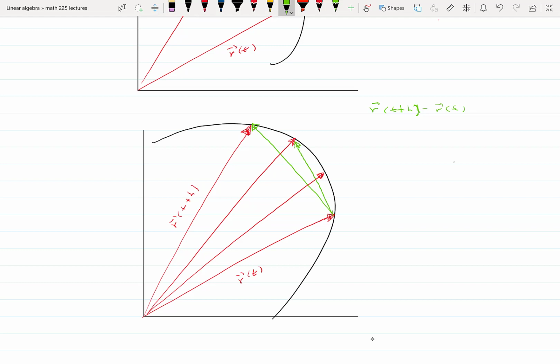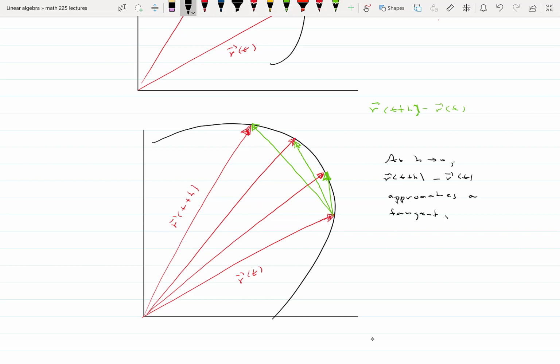So as h approaches 0, that difference r of t plus h minus r of t appears to be getting closer and closer to the tangent position to the curve. It seems to be approaching a tangent position.